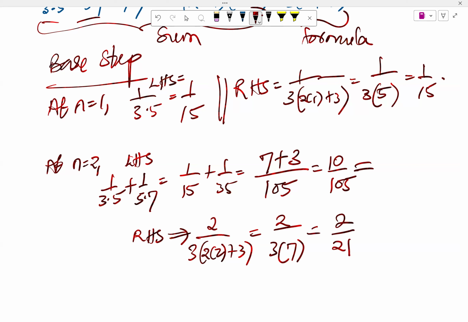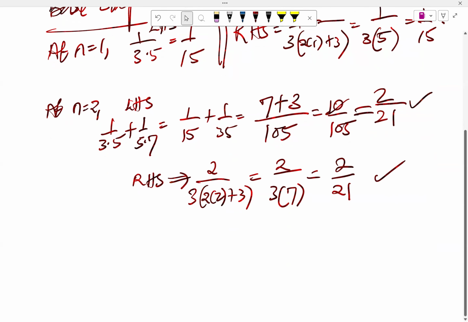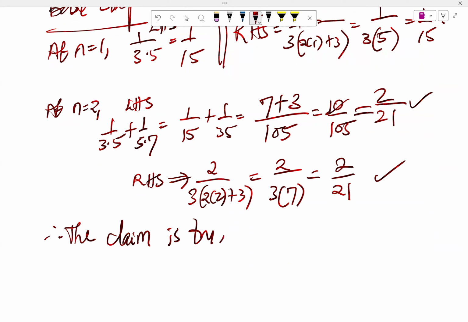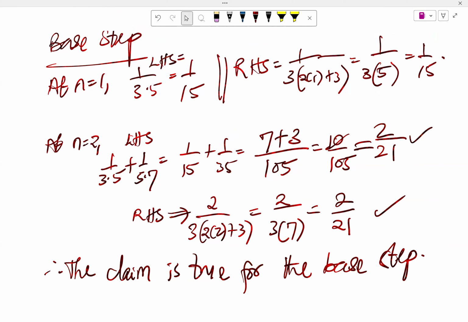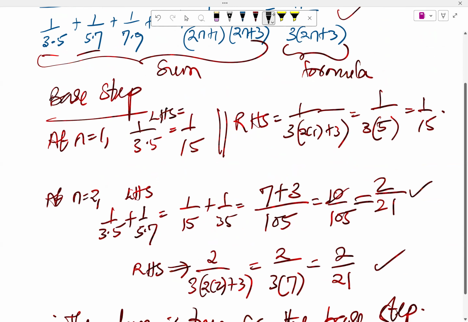Of course, 5 into 10 is 2, and 5 into 105 is 21, so it's 2 over 21 in each case. Therefore, the claim is true for the base step. So we can move on to the other part.